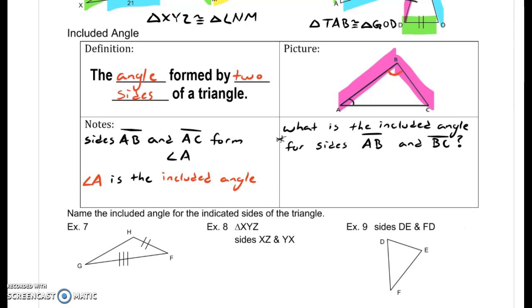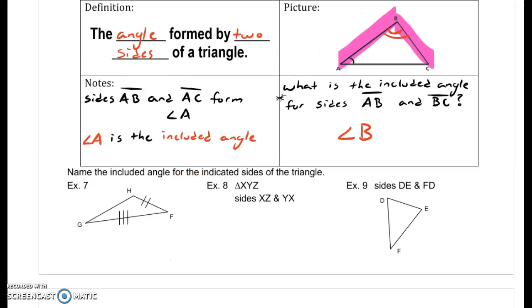It would be angle B. And you can also see that by looking at the letters. Which letters match in these two sides? The letters that match are B in both of them. Therefore, it is angle B.